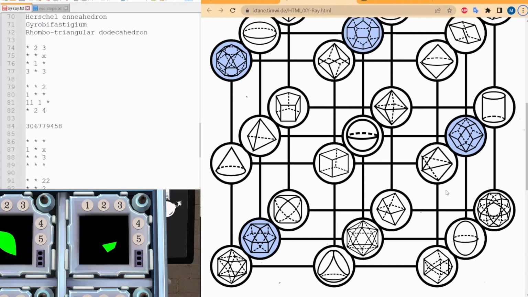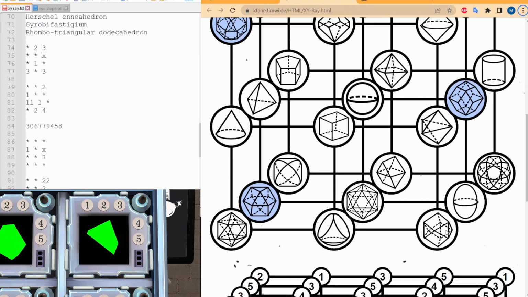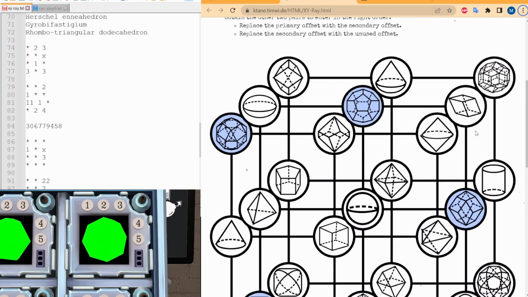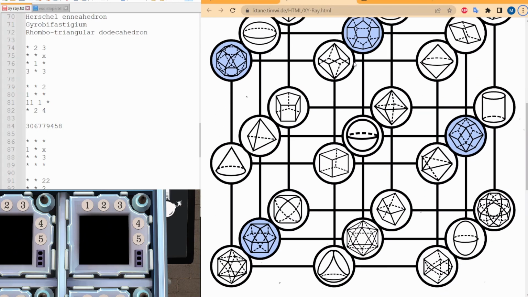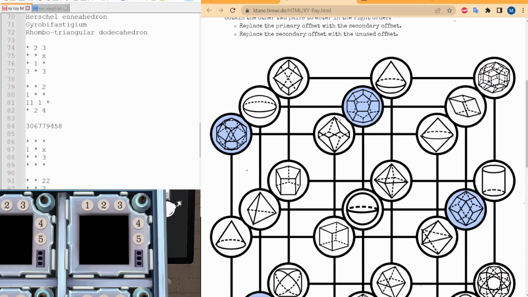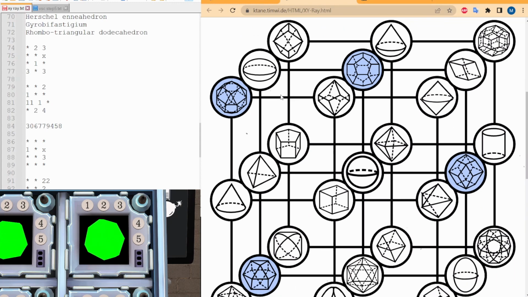Don't think anything else actually can have this pattern. This does. This does not have this pattern. So if you see that pattern, that means it's either of these two.